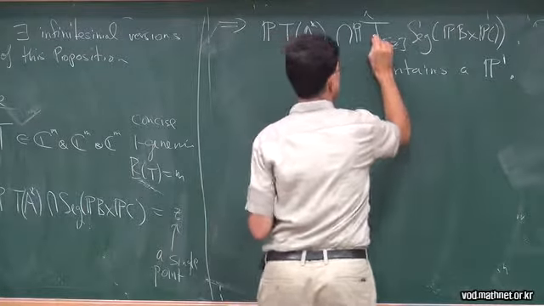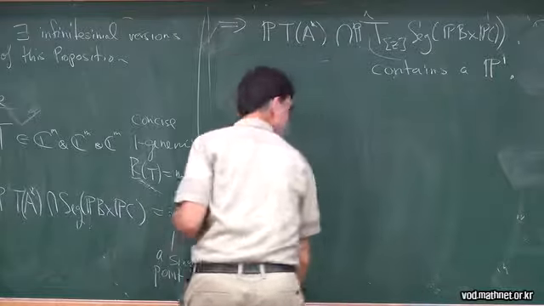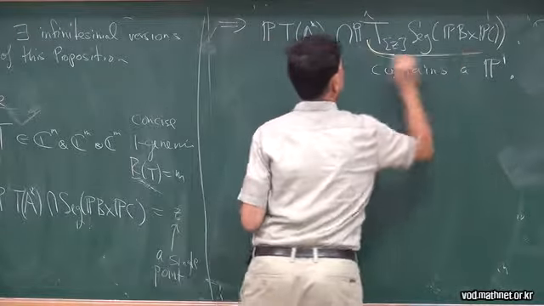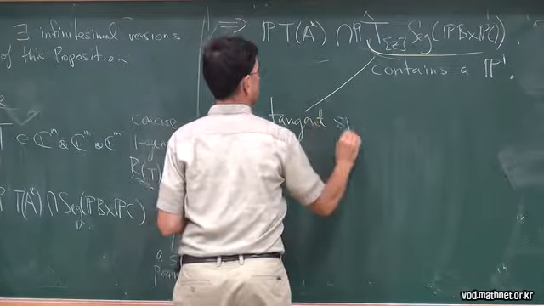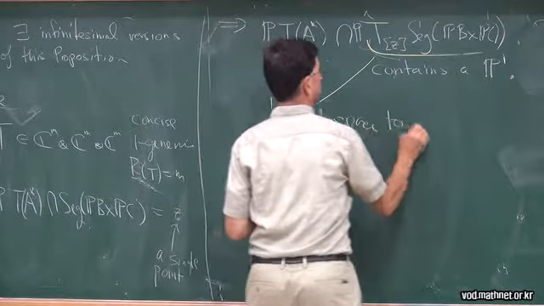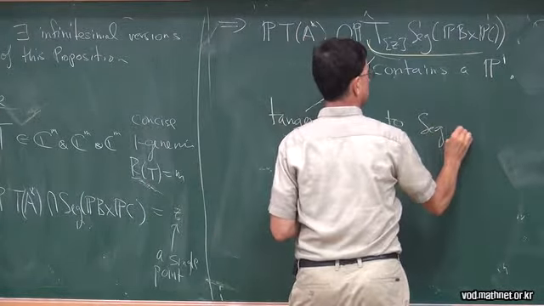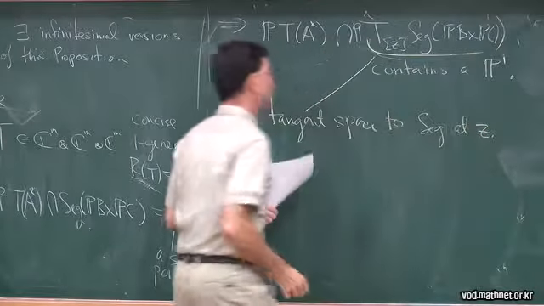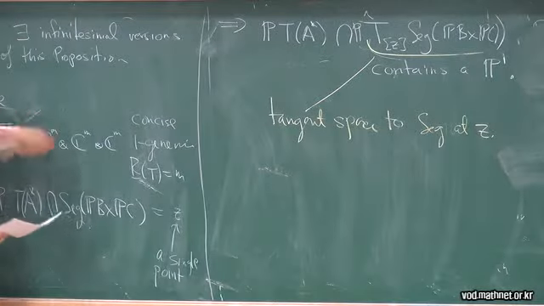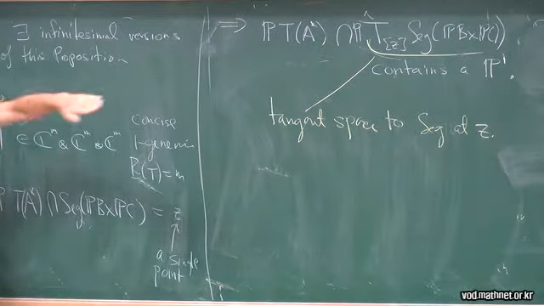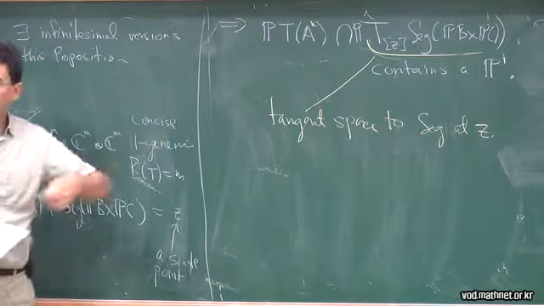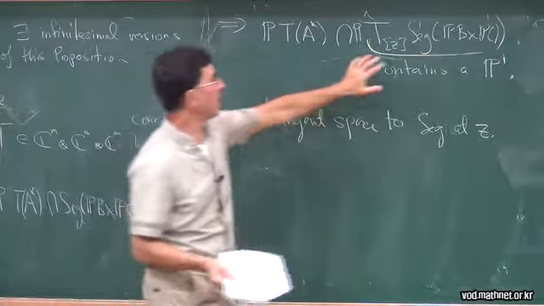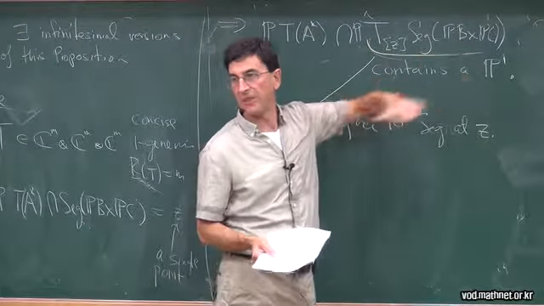So this tangent space here is the naive tangent space you get by taking tangent vectors to curves. We don't need the sophisticated algebraic geometry tangent space, just the naive one, because this is a subvariety of a vector space.